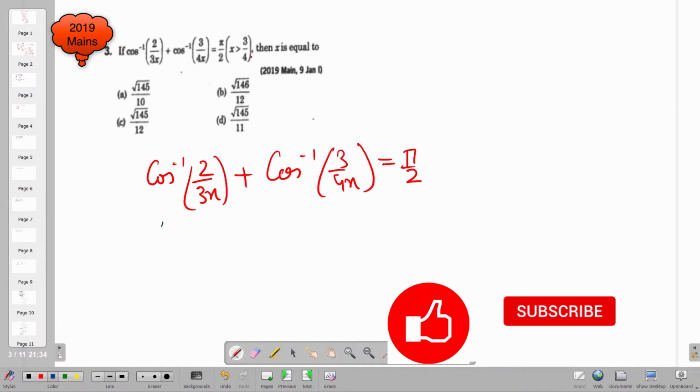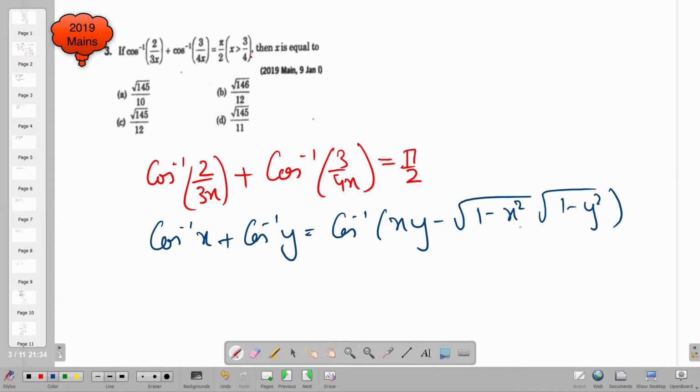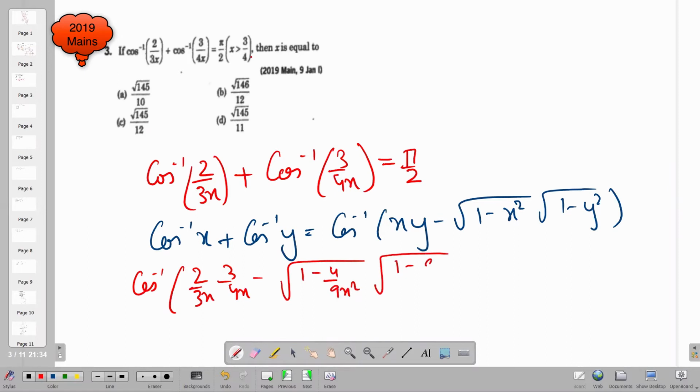And using the identity cos inverse of x plus cos inverse of y is cos inverse of x into y minus root of 1 minus x square into root of 1 minus y square, this comes out to be cos inverse of 2 upon 3x into 3 by 4x minus root of 1 minus 4 upon 9x square into root of 1 minus 9 upon 16x square is equal to pi by 2.